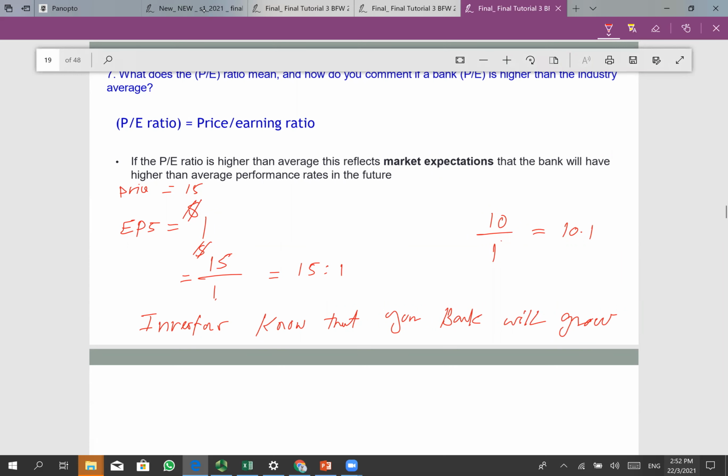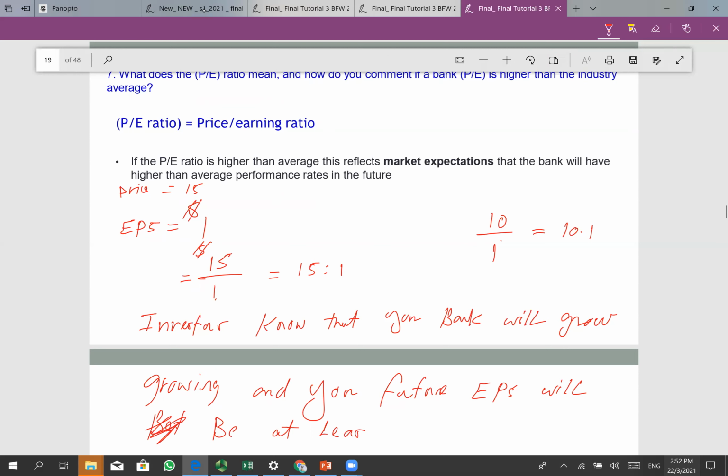So you are growing and your future earning per share will be at least $1.5 per share.